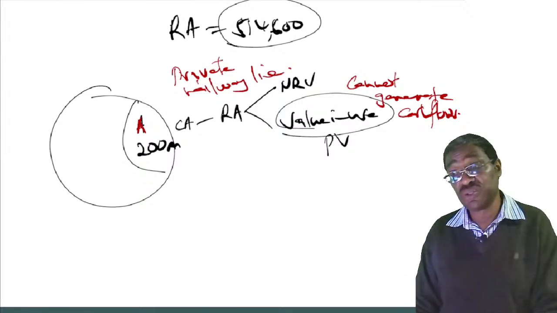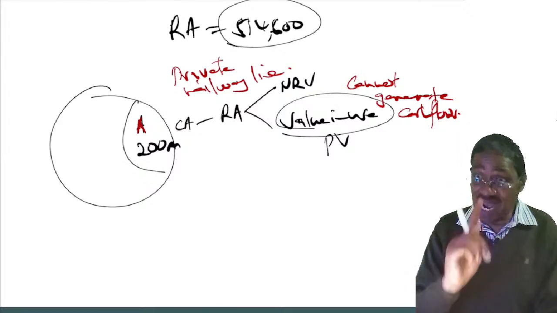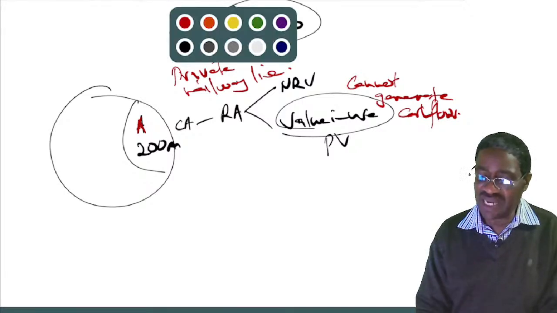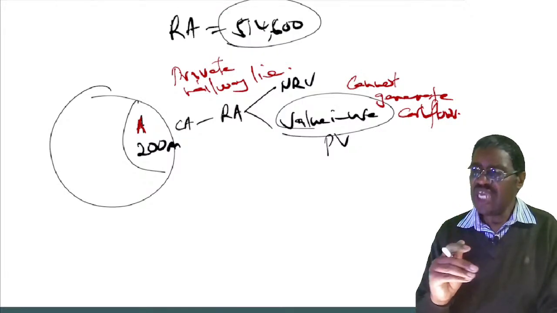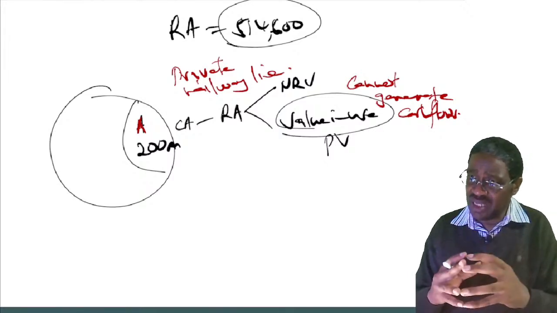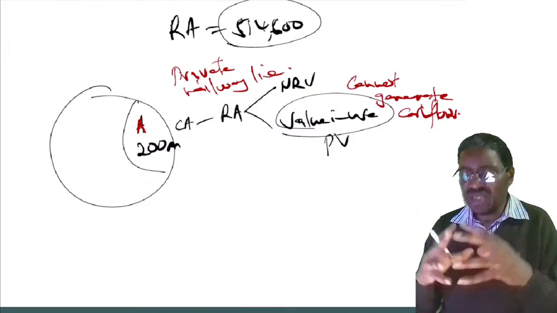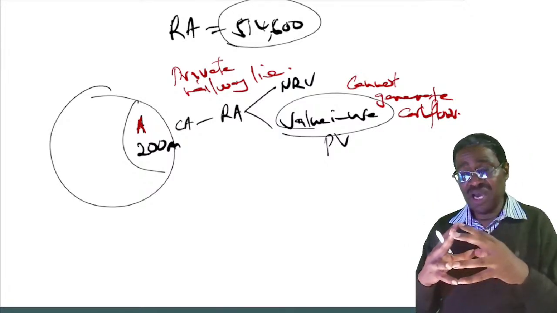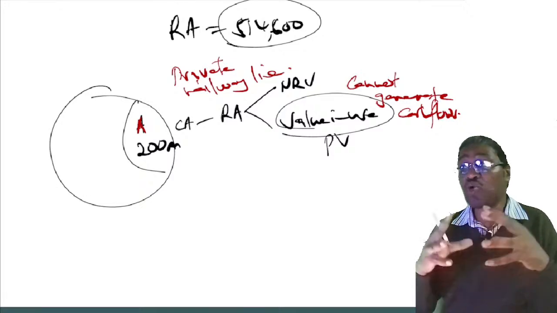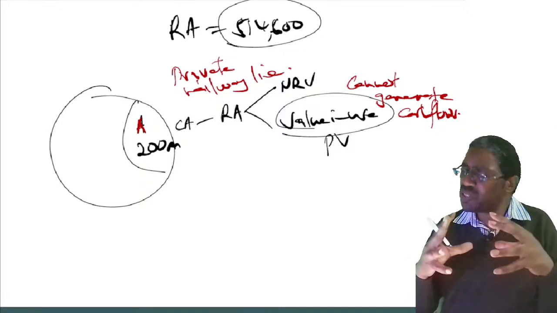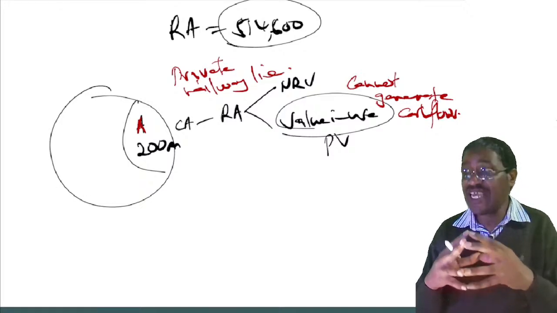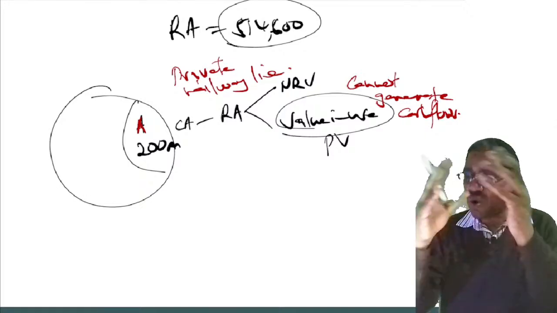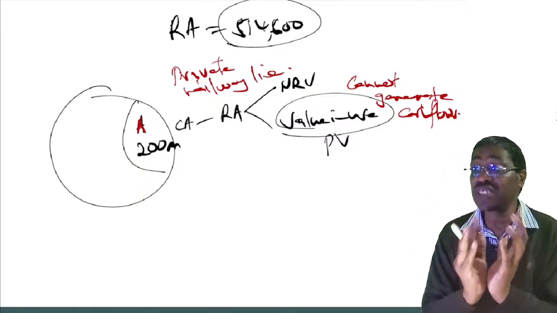What do you do? When you have such an asset, as a company you are required to ask yourself, if I put this asset A together with other assets, in a group of other assets, can they as a group generate cash flows?